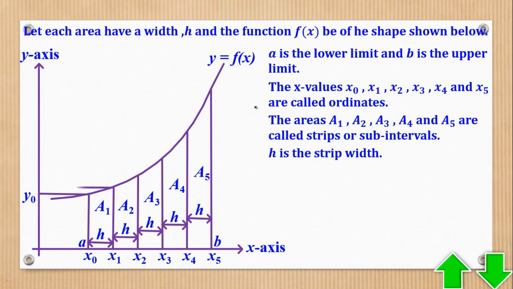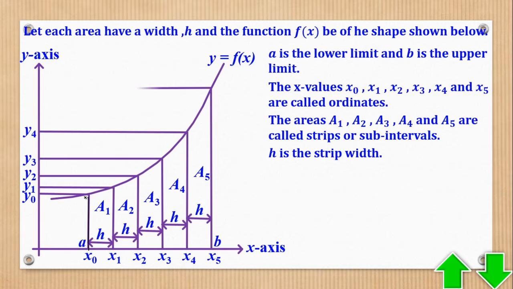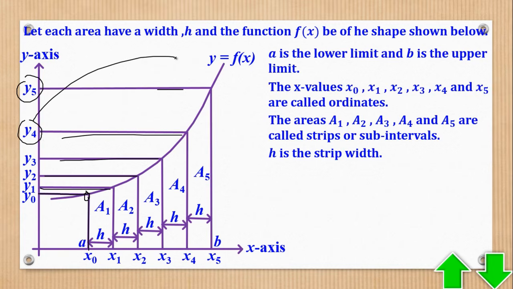Now each ordinate has a corresponding y coordinate, also called the y value. So this line meets this curve at this point, and the y coordinate is this y0. For this line the y coordinate is y1. For this line the y coordinate is y2, like that. So this is for y3, y4, y5. These values are also of great use, and they are got using this function.